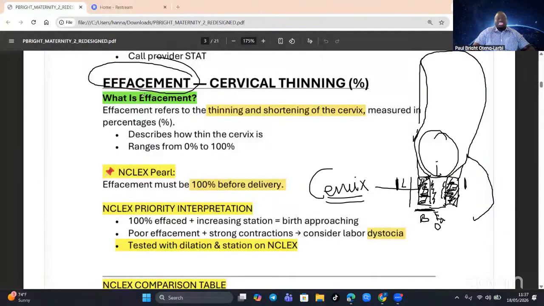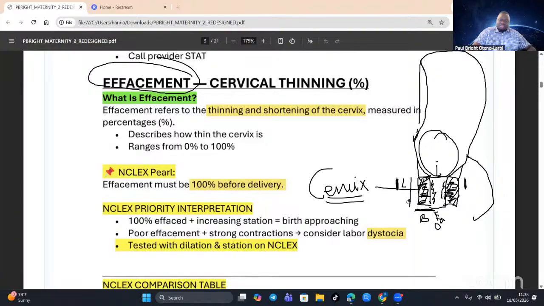Okay, effacement. And how do we measure it? By percentage. So you can see the woman's cervical length now. When the baby is coming down, this length will become short.